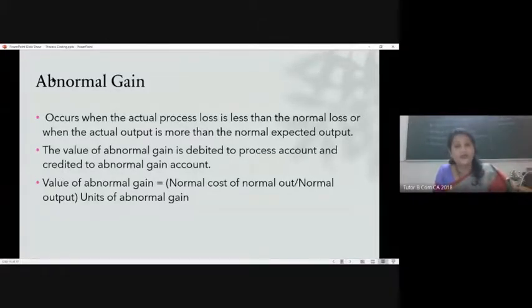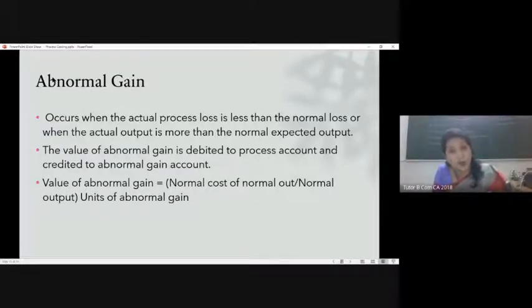The third factor is how do we go with computation of the actual value of abnormal gain. In that case, the formula is almost the same as we have learned for computation of normal gain value, where we consider the normal cost of normal output.